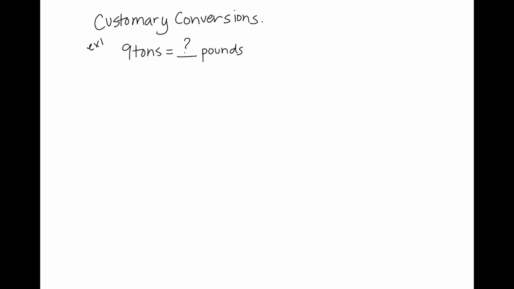So, our next step is going to be to look at our reference materials and find our tons and our pounds. Alright, here is our reference materials. We again are looking for tons and pounds. So if you look at the bottom left corner, we have 1 ton is equal to 2,000 pounds. This is the conversion we are going to use to help us convert our problem.